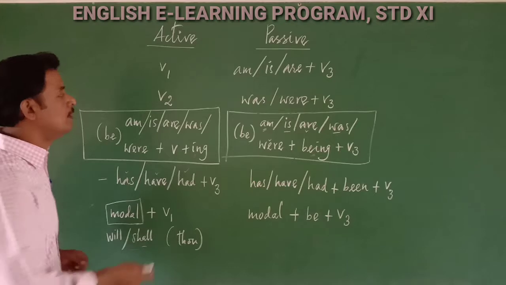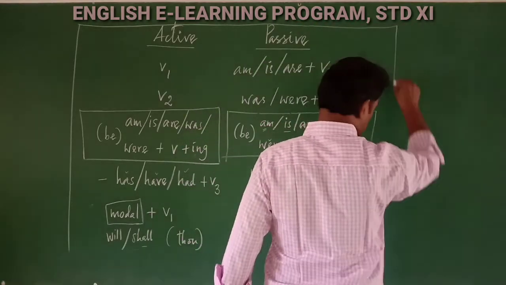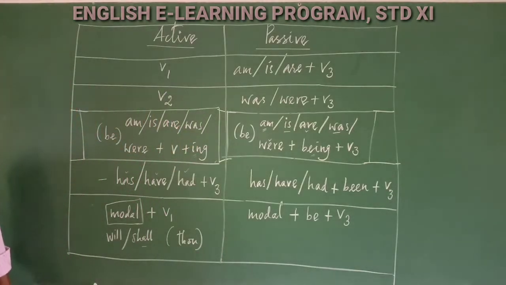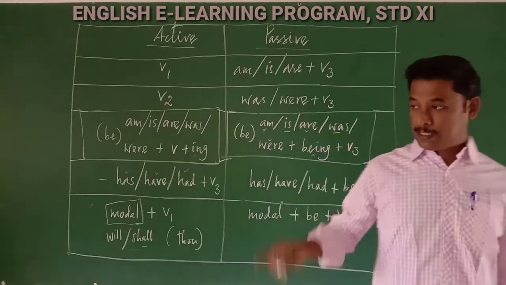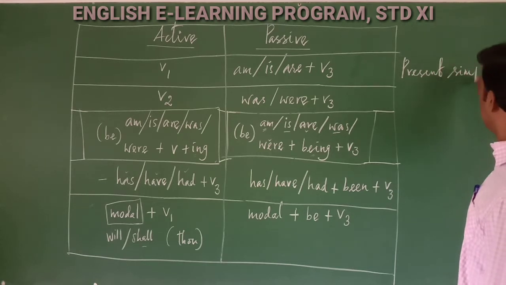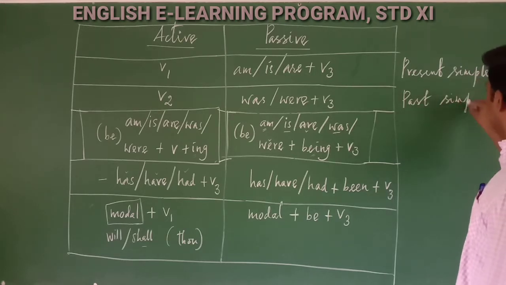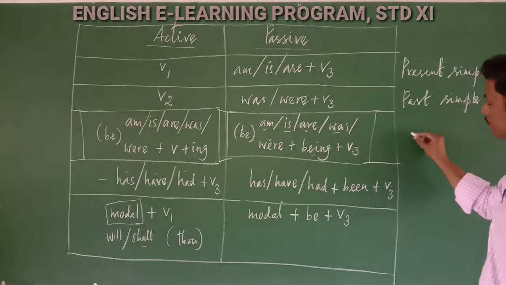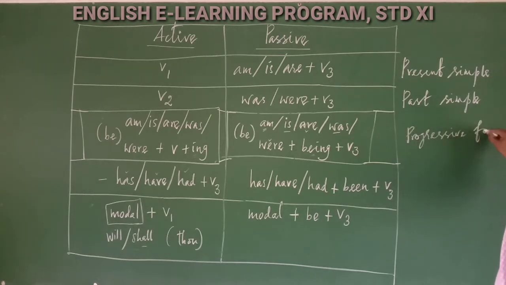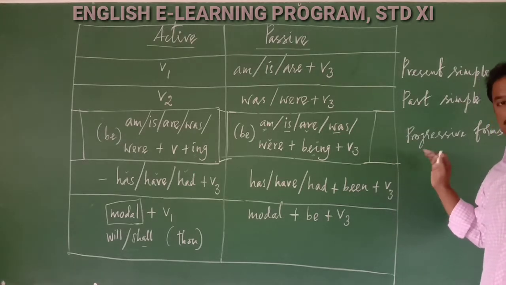So remember students, this structure should be followed while transforming active voice into passive voice. Okay. Right. So this is present simple and this one is past simple and the third one is progressive forms, especially present continuous and past continuous only.